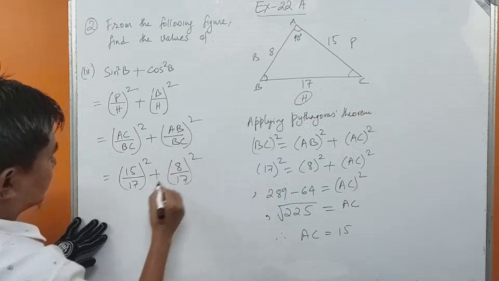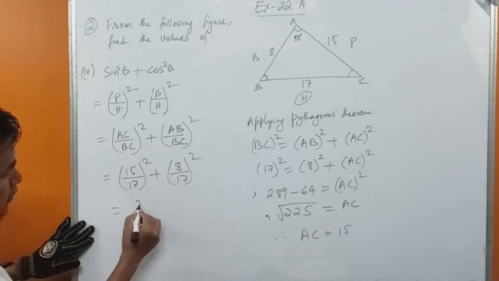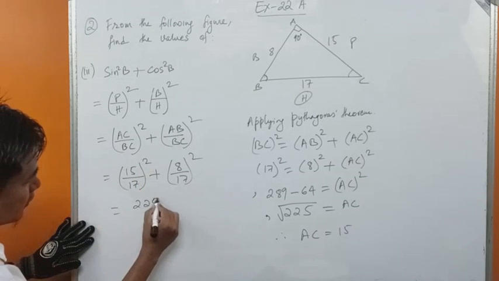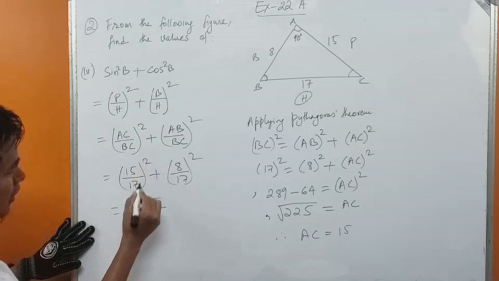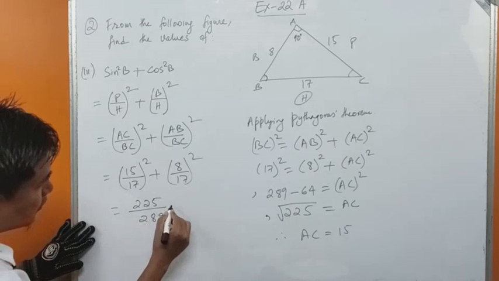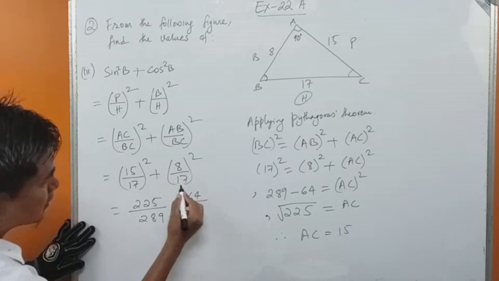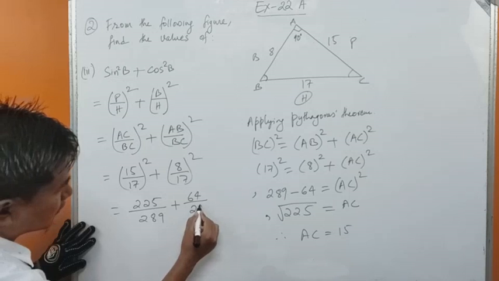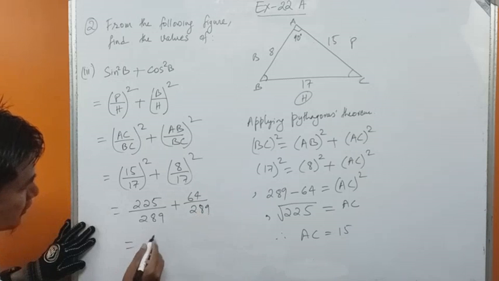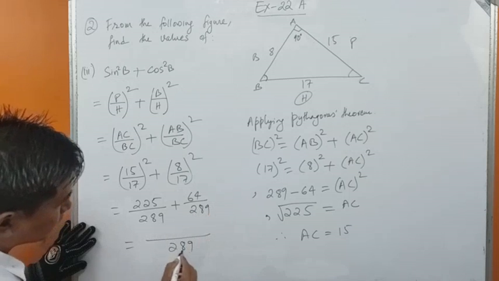So 15 squared means 15 into 15. This gives us 225, isn't it? 17 squared means 17 into 17. This gives us 289. Plus 8 squared is 64, and 17 squared is 289. Now let us take the LCM of the denominators. LCM will be 289.